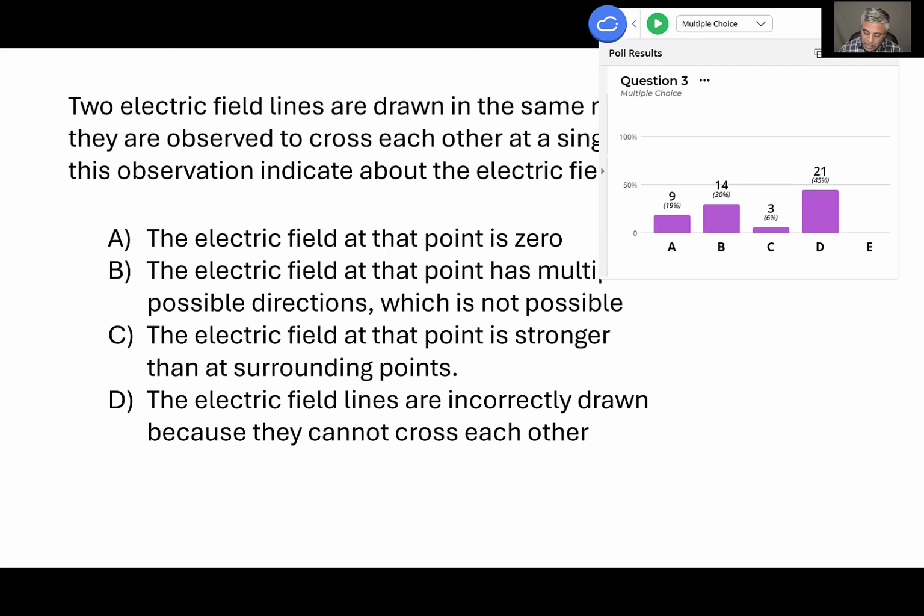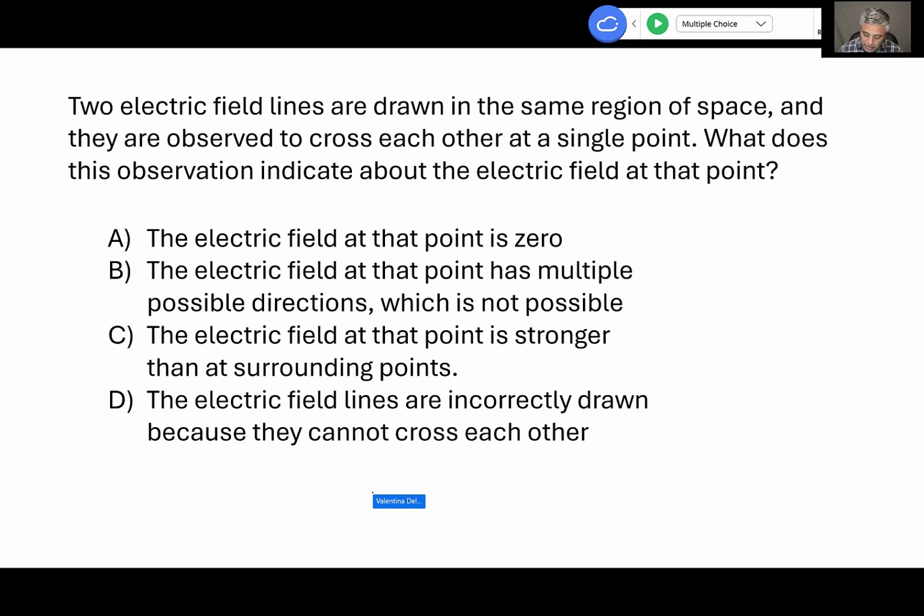Okay, let's see what we got. Looks like B and D are more popular. D is most popular, and that is the correct answer. That is one of the properties: they never cross.